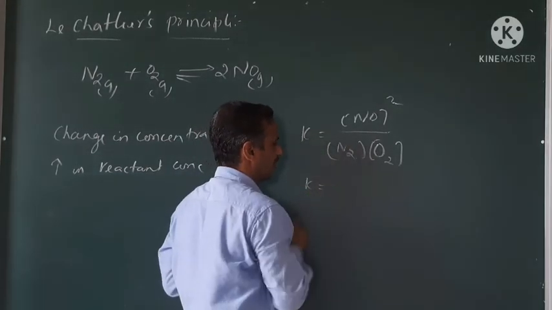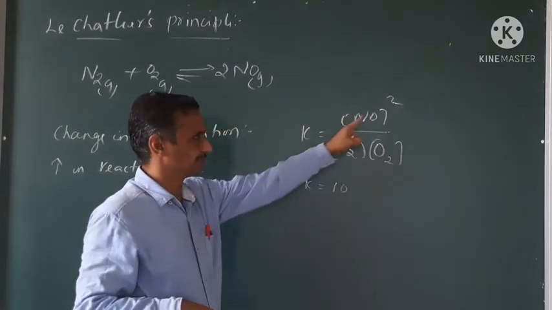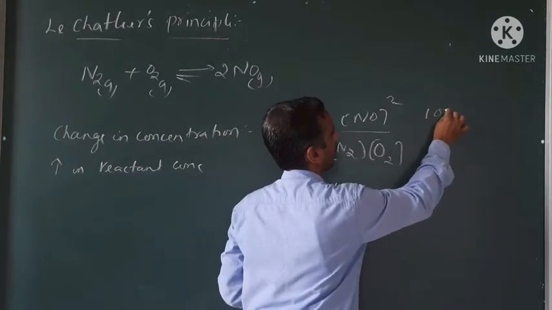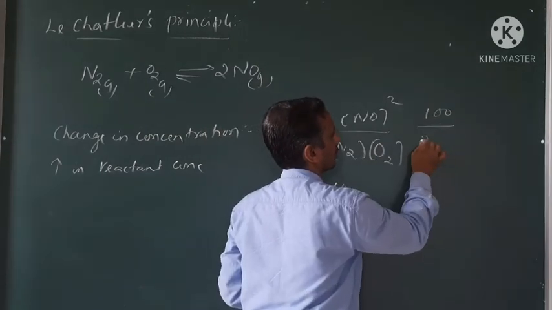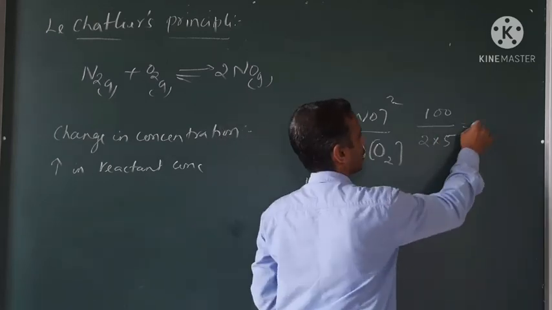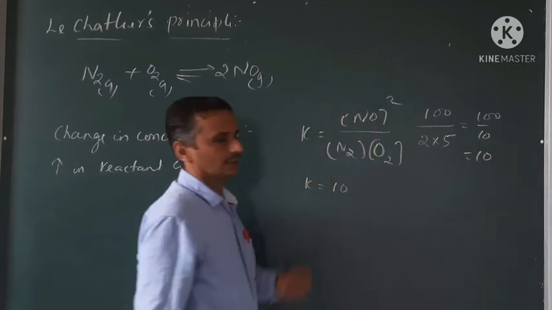With this, you are getting the K value, say 10. Like you say 100 divided by 2 into 5, so 100 by 10 is equal to 10.